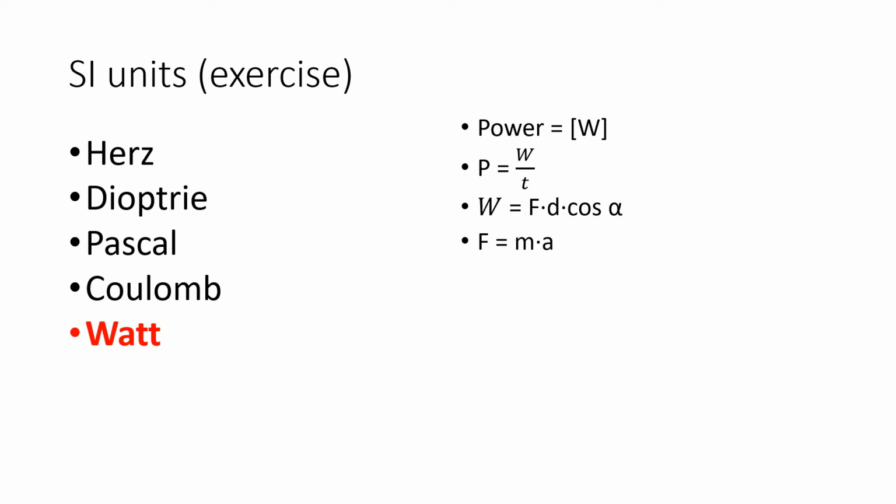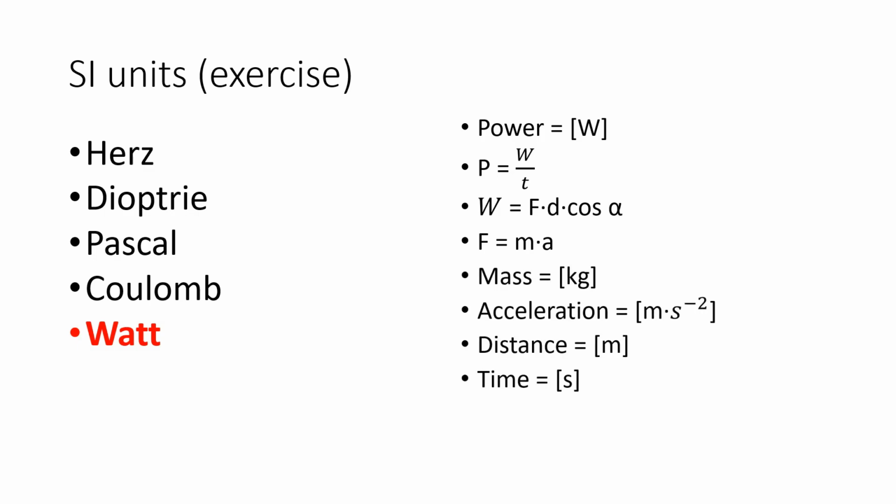The force, according to Newton's second law, is the product of the body's mass and the acceleration of the motion caused by the force. All the quantities in here are represented with SI base units. Hence, Watt is equivalent to the product of kilogram times meter squared times second to the power of -3.